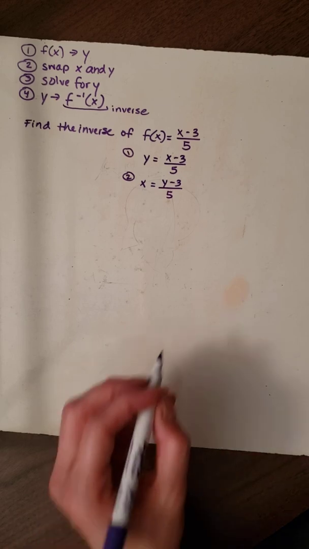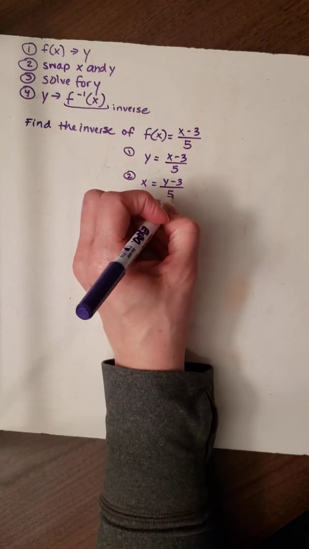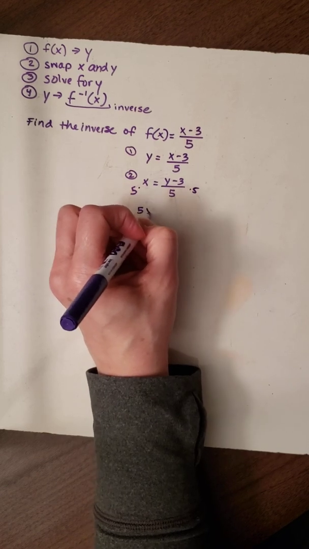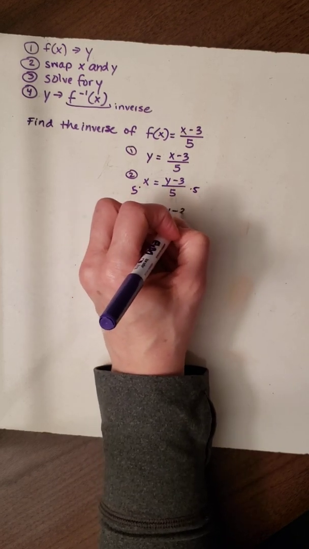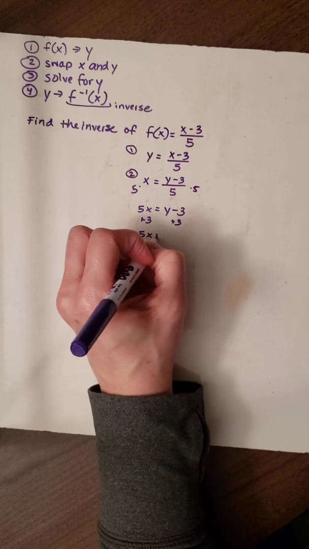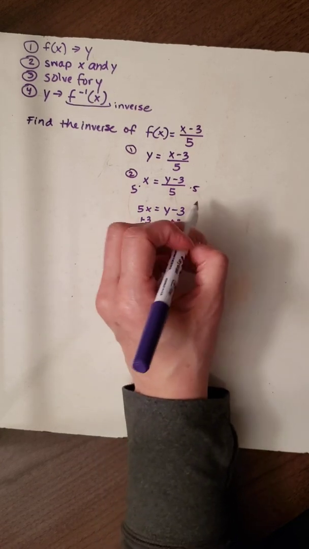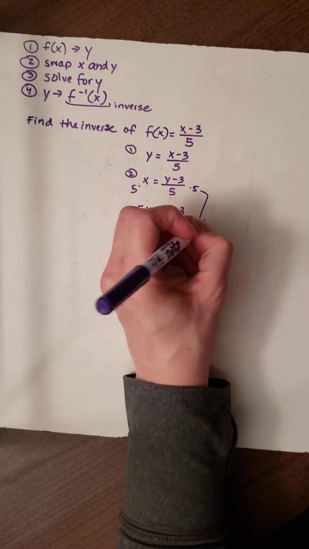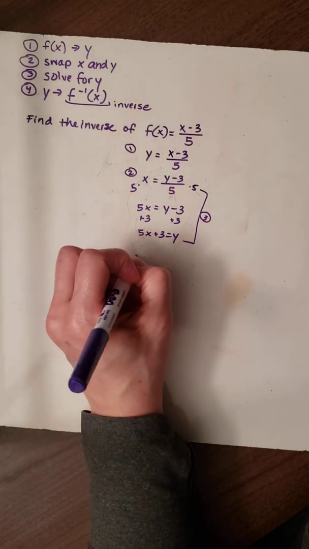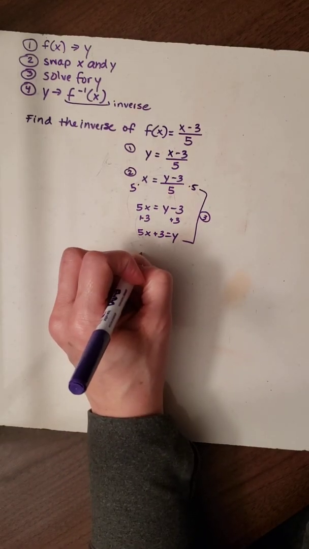Step 3 is solving for y. So we're going to multiply both sides by 5. 5x equals y minus 3. Add 3. 5x plus 3 equals y. So this process here was step 3. And lastly, step 4, y becomes f inverse of x.